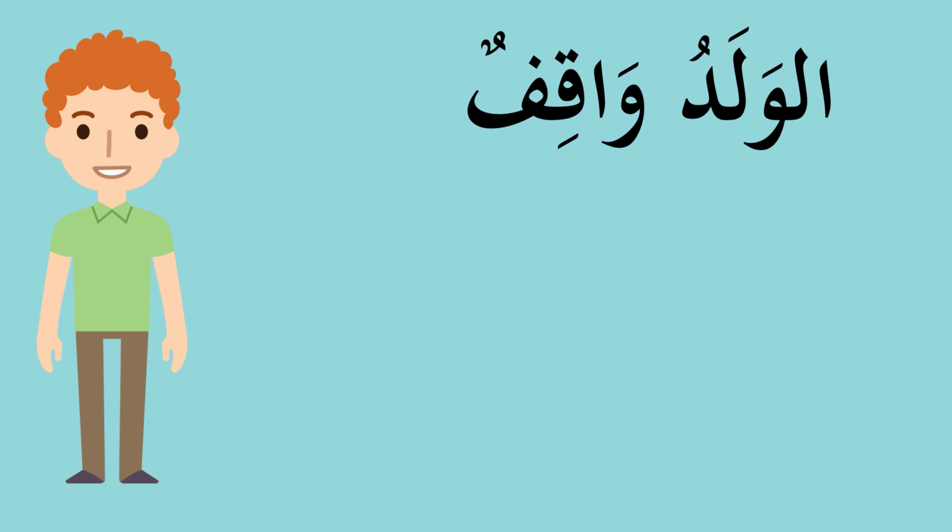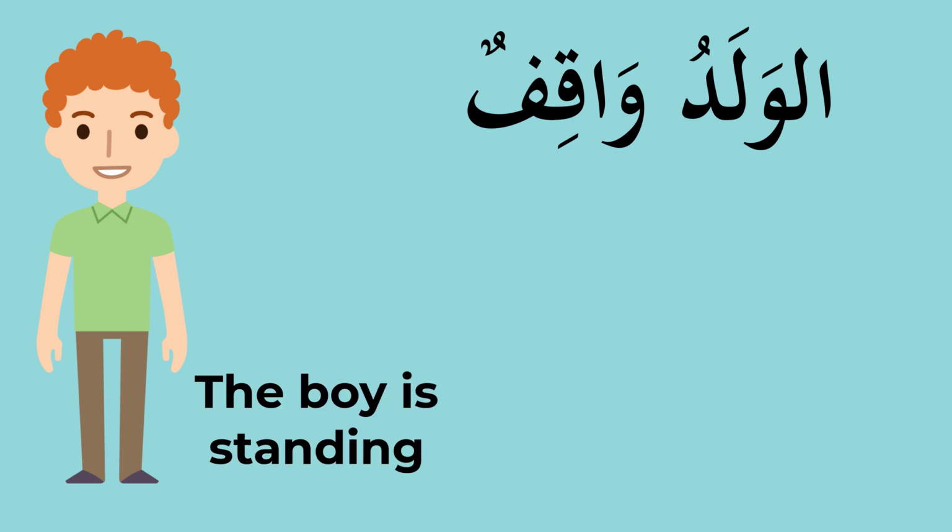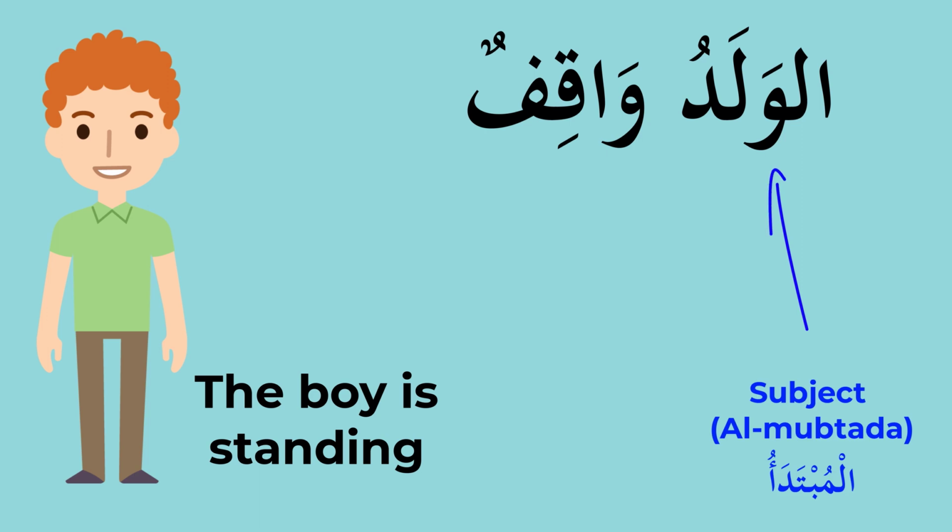Brother, al-waladu, the boy. What can it be? It started the sentence, so it's marfu. It's mubtada. The sentence begins with a noun, so it is a nominal sentence, jumla ismiya. The boy, that is our mubtada.